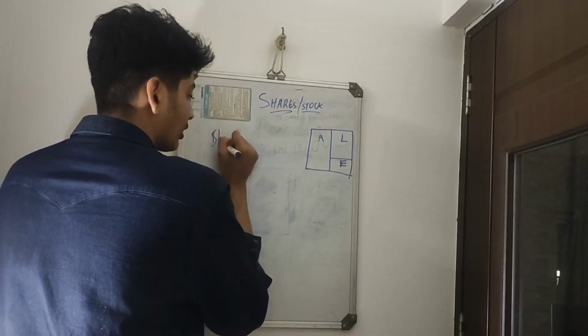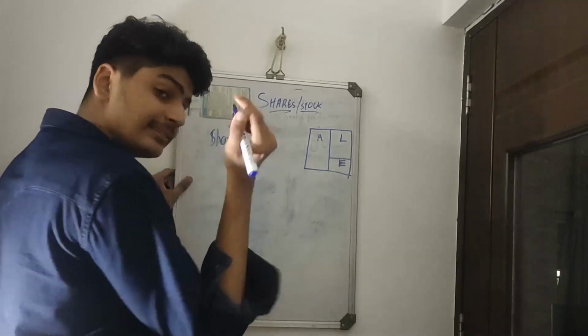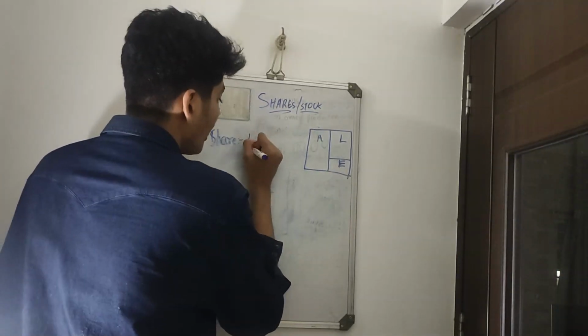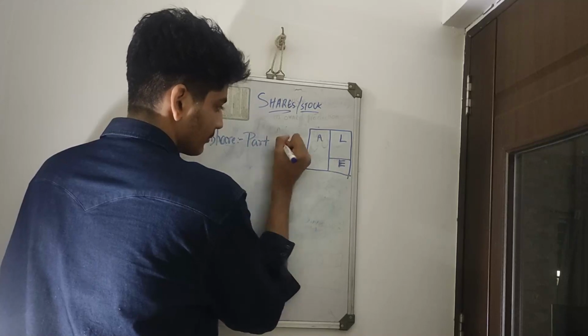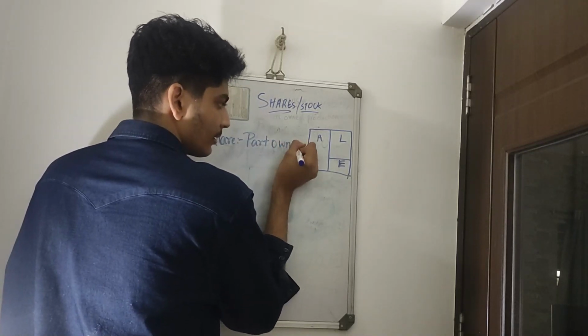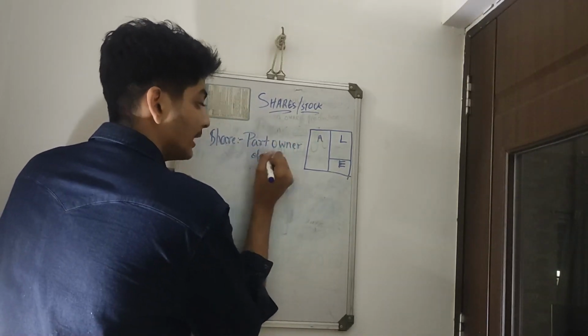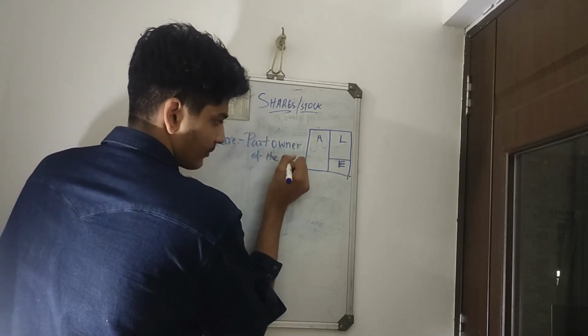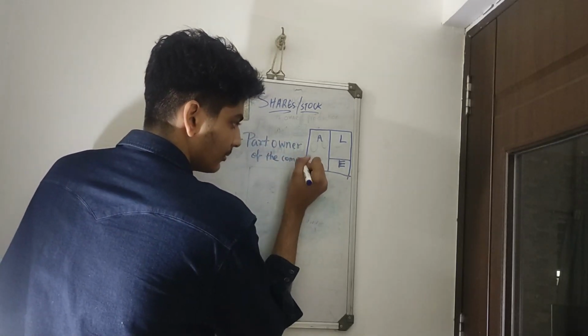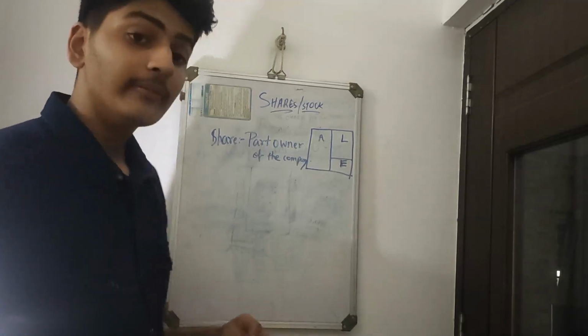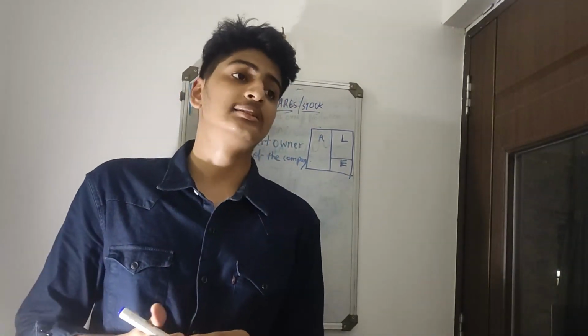When you buy a share of a company, this means that you become a part owner of the company. So whenever you buy, let's just say you bought some shares of Amazon on the US stock exchange, you automatically become a part owner of Amazon.